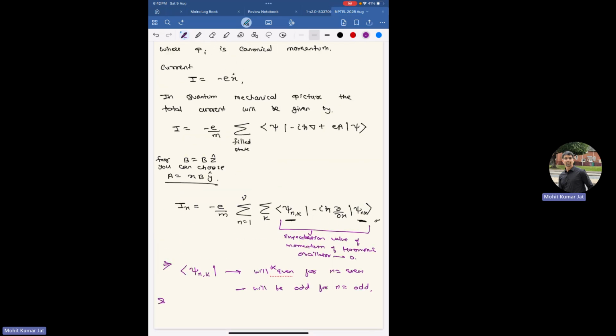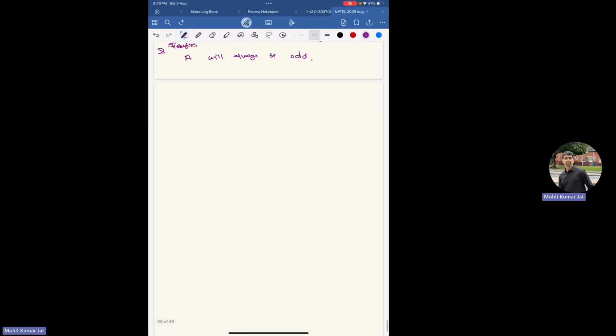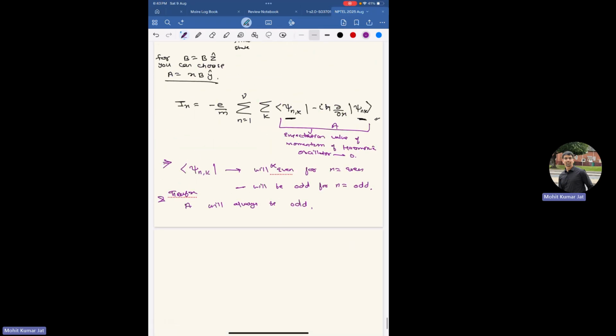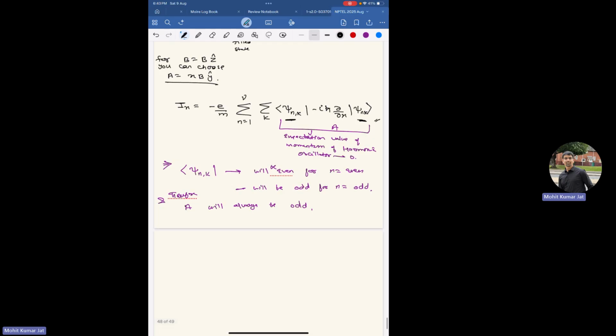And your term, let me call this term A, will always be odd. And it's a sum over all the k's from minus infinity to plus infinity. If you sum it over all k from minus k to plus k, it will essentially go to 0. The summation will eventually go to 0, right? And that's what it means. So your Ix will be 0. This implies your Ix is 0.